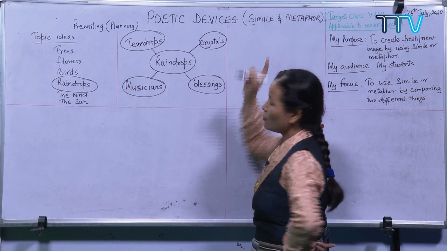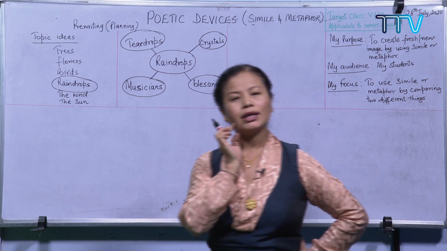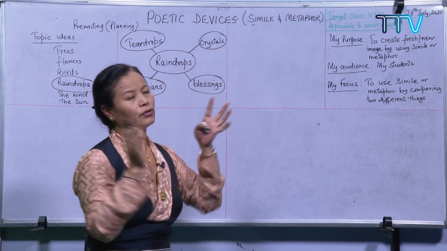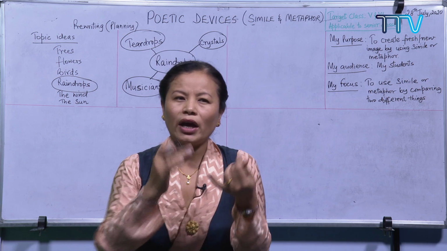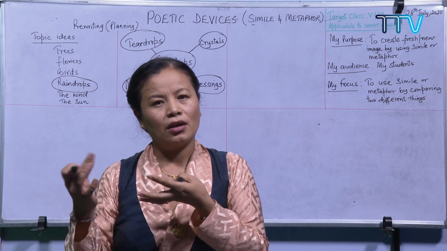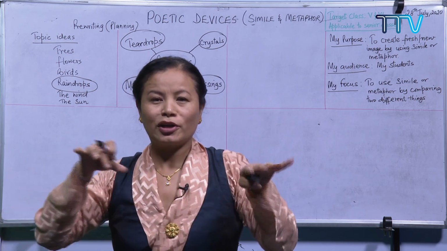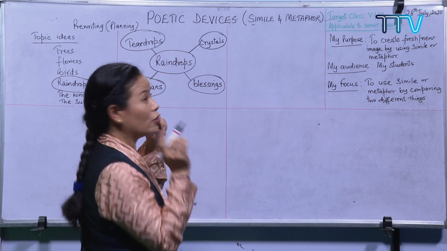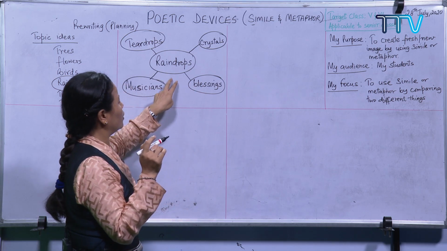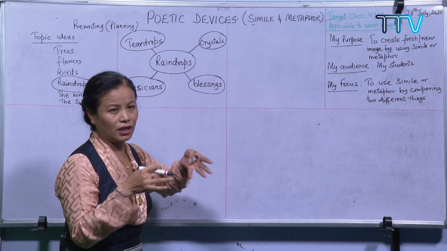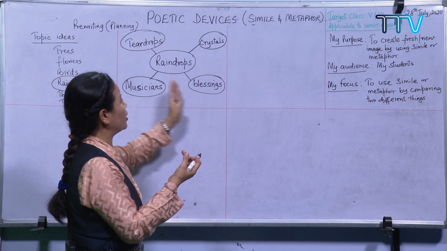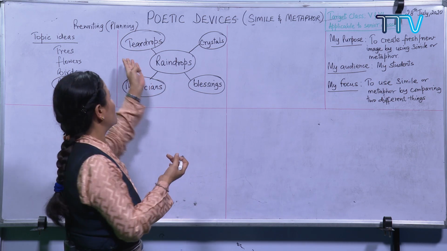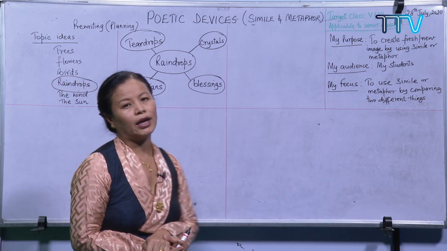Crystals. Now what you need to decide is, I can compare raindrops with crystals, but do you have enough to say, to express, in order to compare raindrops with crystals? You need to think in your mind, do you have enough to express if you compare raindrops with blessings, or musicians, or teardrops?